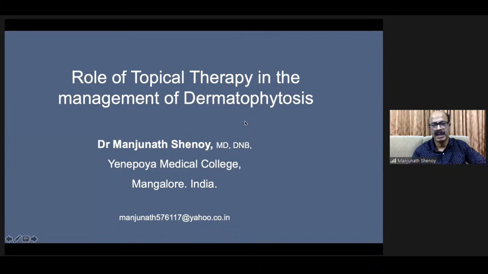The mentagrophytes currently prevailing in India is a mutated strain, which probably happened due to potent topical corticosteroid abuse, which is still over-the-counter in India. We have been facing this problem with longer duration of treatment and possible drug resistance too.